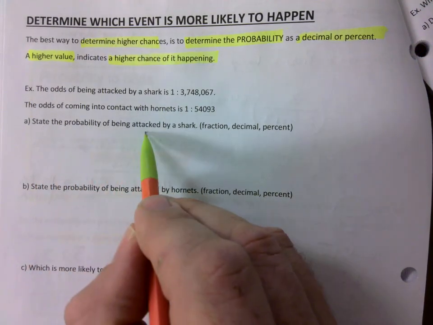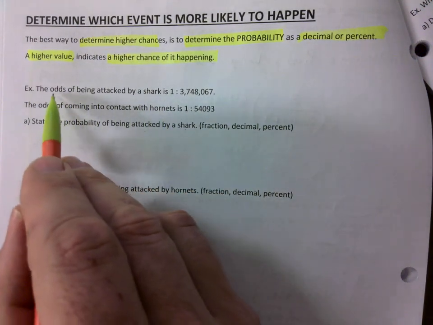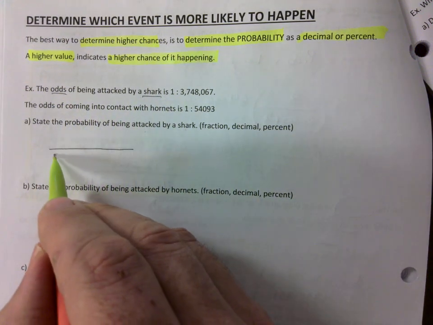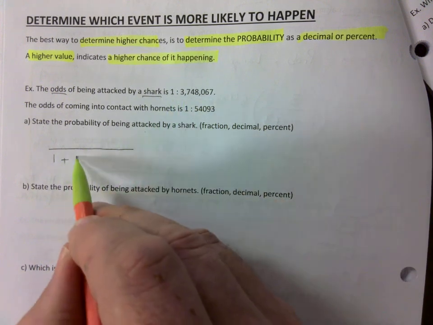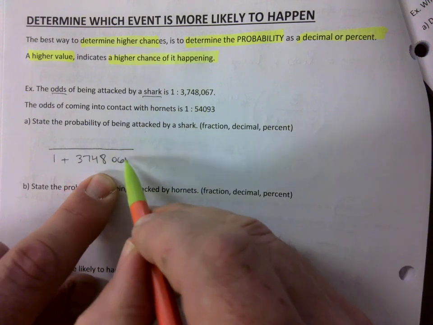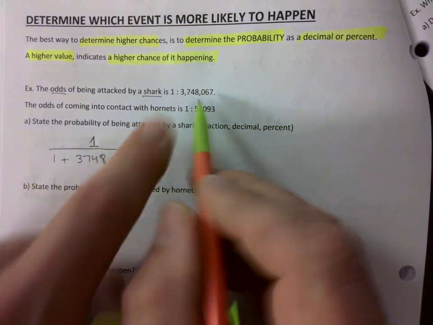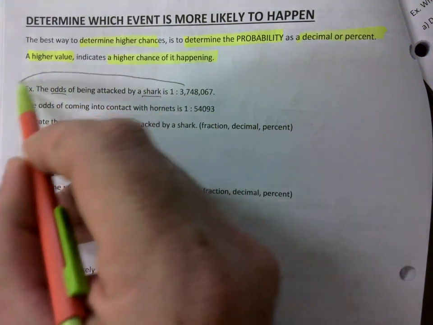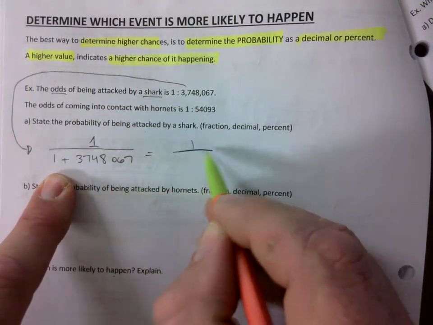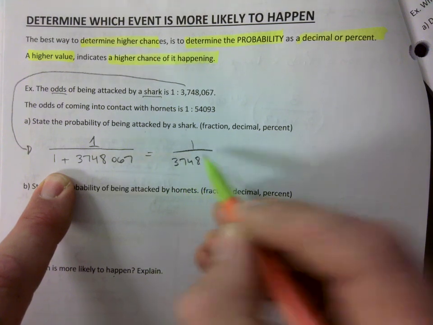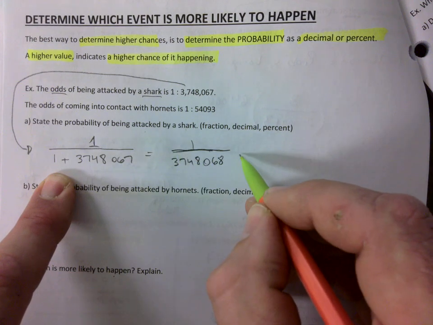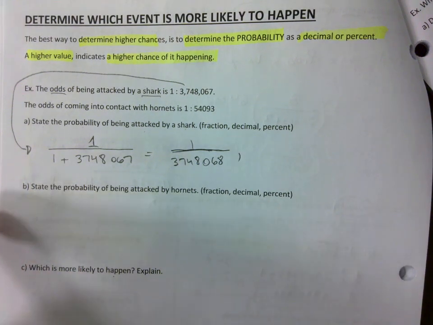State the probability of being attacked by a shark. Okay, so we have the odds of being attacked by a shark, so we would go like this. The first thing I would like you to do is 1 plus, right? You're going to add these. So we add these two numbers. So I basically go arrow, right? I use the odds to come up with my probability, and it's 1 over 3748068. We're going to come up with a decimal. It's going to be super small.